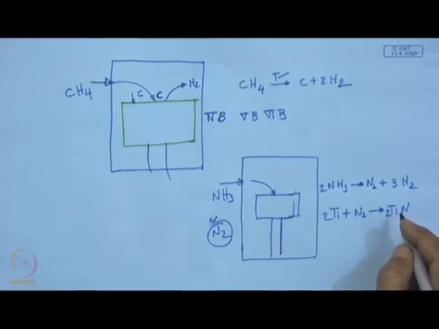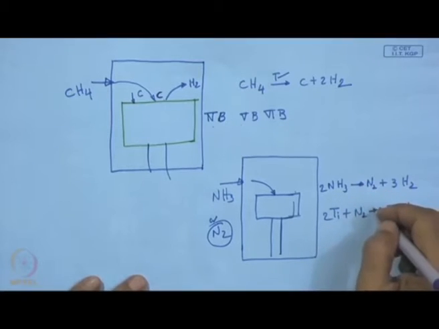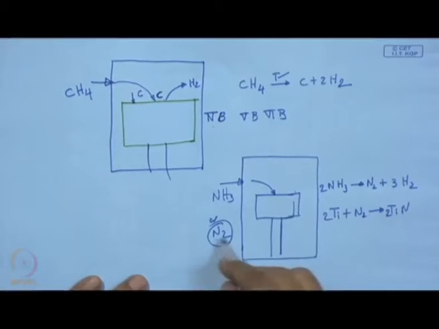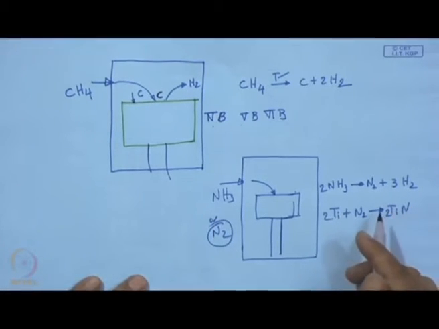In all these cases we have to look at the temperature requirement. It can also be done with nitrogen alone, but in that case the temperature will be quite high. Whatever may be the case, what we need here is high temperature.